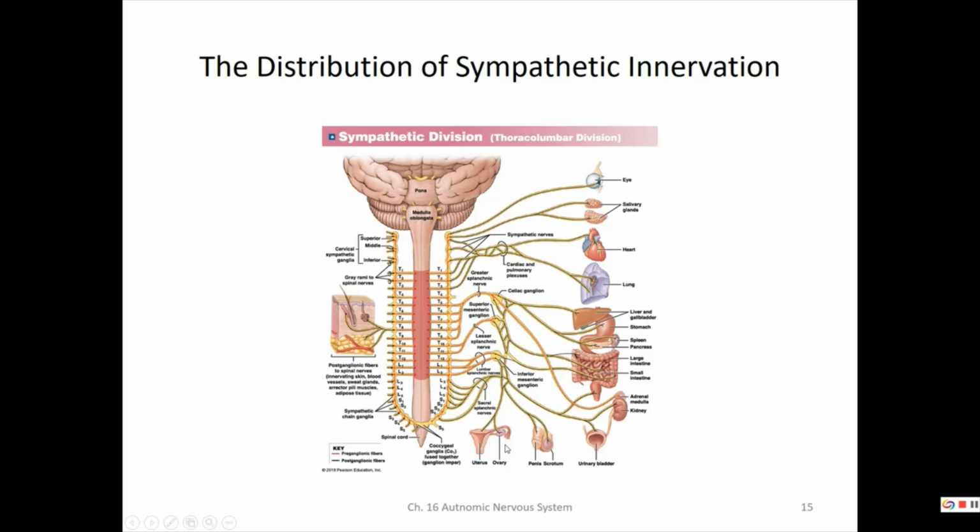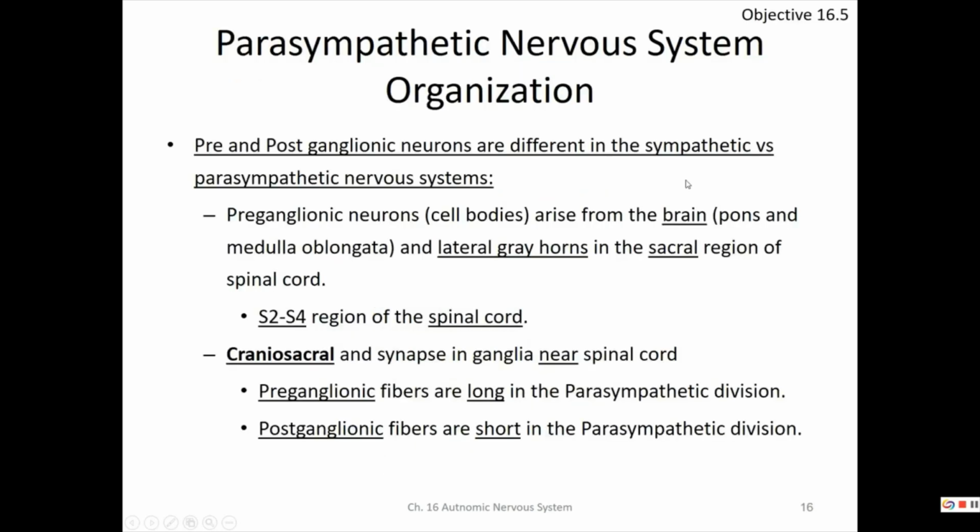Smooth muscle, cardiac muscle, glands, okay? So we will see that it comes from thoracolumbar, short pre, long post.